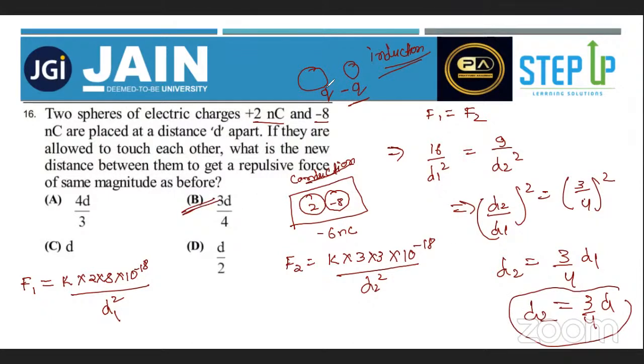D is the option. So Suyog, Gautam, Komal was right. Komal, it is D, please check your answer. I think this is how we'll get the answer. So d2 will be 3 by 4 times D.